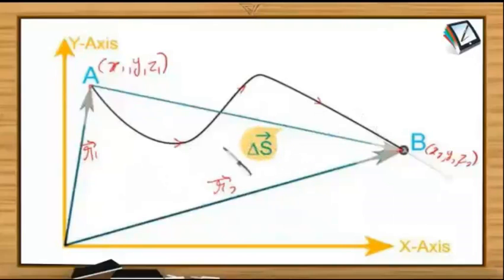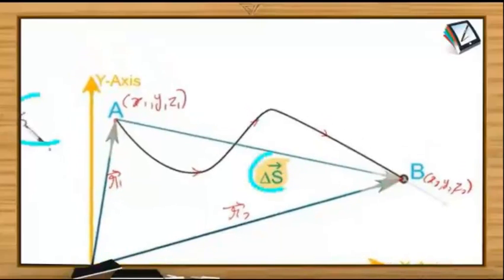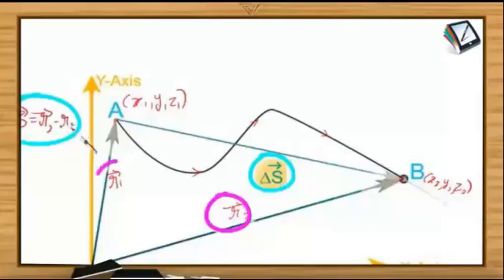Using the triangle law of vector addition, we can easily write that R1 vector plus delta S vector is equal to the R2 vector. That means delta S vector is equal to R2 vector minus R1 vector.